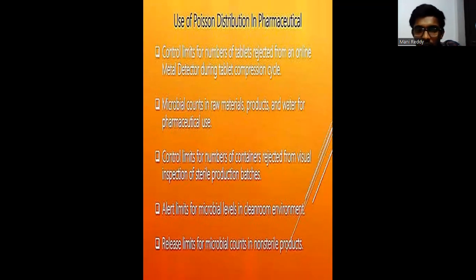These are all the uses of Poisson distribution in paramedical, like a hospital.